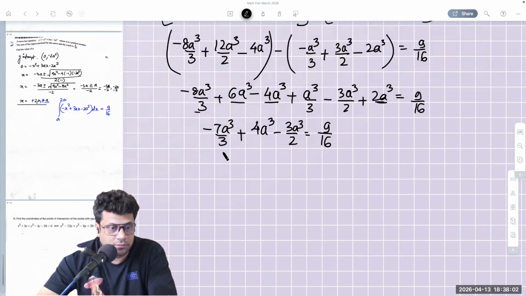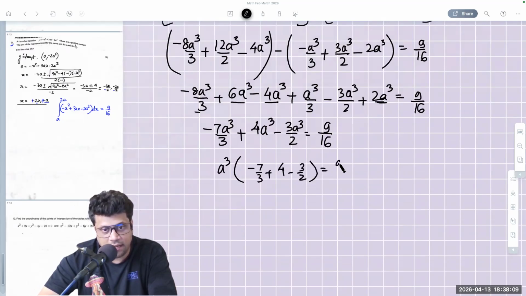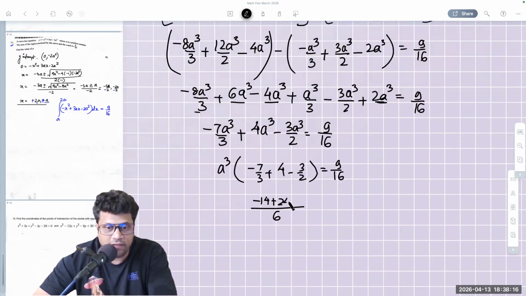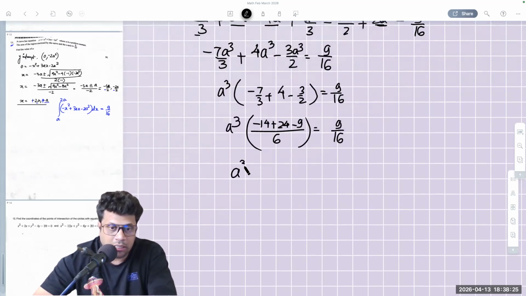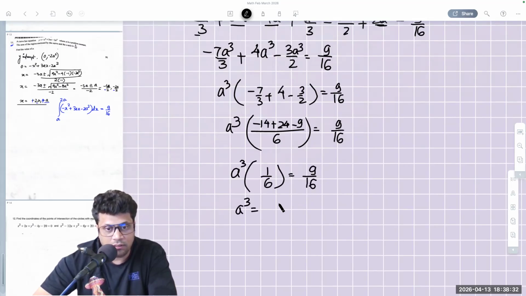Whew. a³ times (minus 7/3 plus 4 minus 3/2) is 9/16. Let's take the LCM of 6 here. That's (negative 14 plus 24 minus 9) equals 9/16 into a³. a³ times 1/6 equals 9/16. a³ is 9/16 into 6.